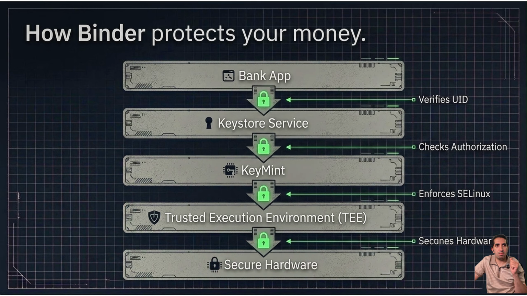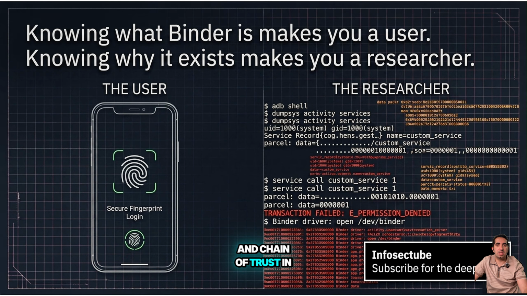For example, when your bank app needs to access a secure key, it talks to the Keystore service, which talks to KeyMint, which talks to the TEE, and at every single green icon on the diagram, the binder is verifying the UID, checking the SELinux permission, and ensuring the message is intact before it ever reaches the secure hardware. As you can see, the bank app just calls Keystore service, KeyMint, TEE, and secure hardware. So this is the hierarchy of trust, the chain of trust in Android.